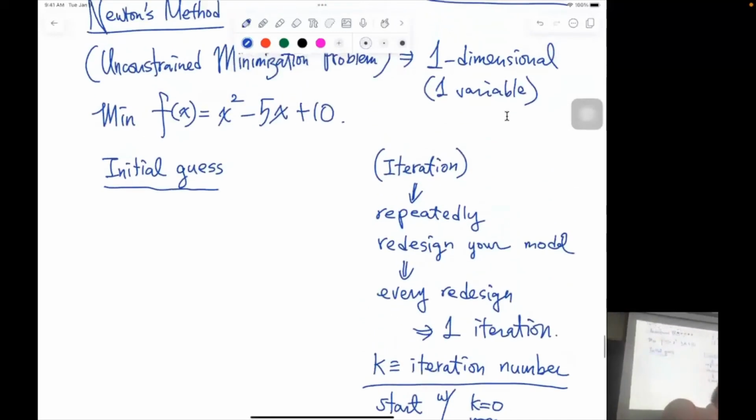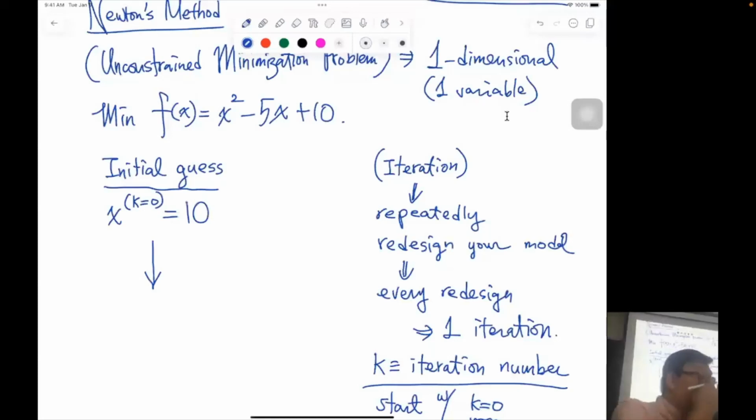So over here, the initial guess, we will say x superscript (0). We usually put the iteration number in a bracket in the superscript. We can have an initial guess, for example, 10. Just a random guess. And then what do you do next?